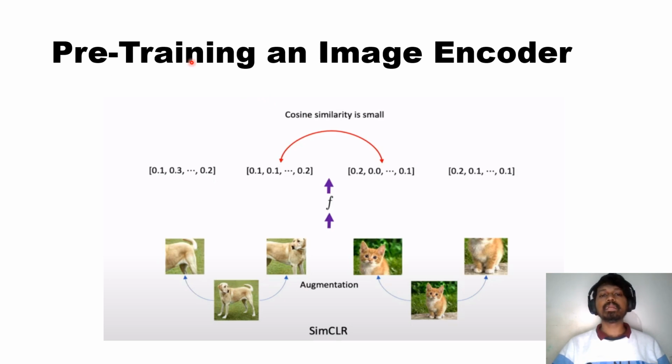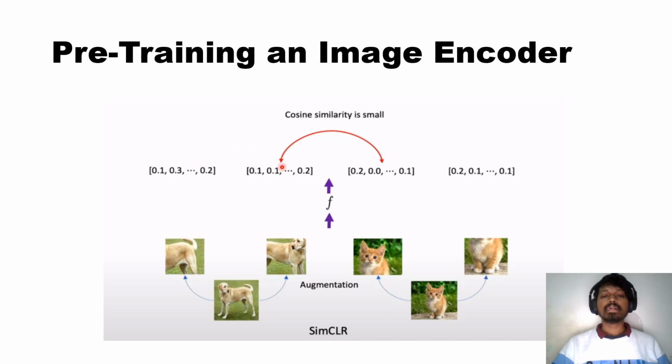self-supervised learning is pre-training an image encoder, and the self-supervised learning algorithm used in this paper is called SimCLR, which is very popular. The way it works is it takes an image and augments it into two. Here, as you can see, this dog image has been augmented into two images, which are then fed to the image encoder, and it gives out two feature vectors corresponding to these augmented images.